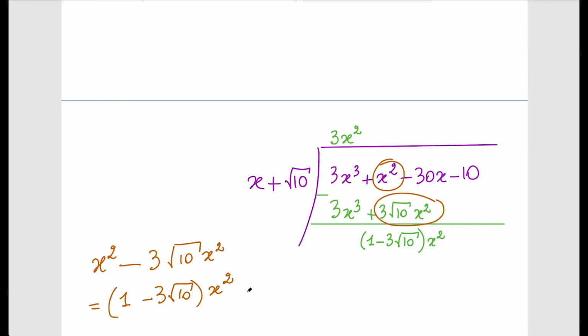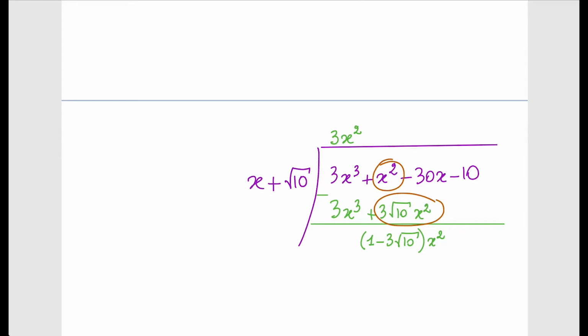Correct? If you don't trust that, go back. Distribute the multiplication over subtraction. 1 times x squared is x squared, and negative 3 square root of 10 times x squared is that guy, right? Okay, so I just wrote it in this fashion to keep that as the coefficient of x squared.